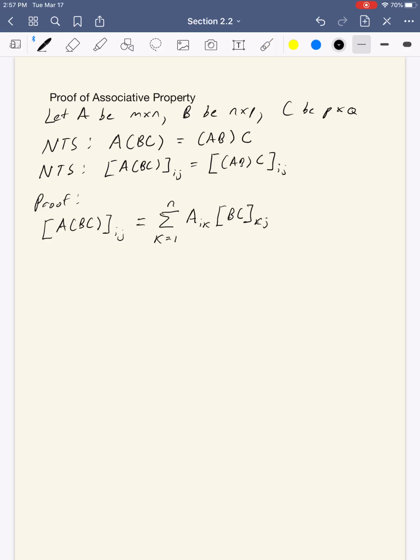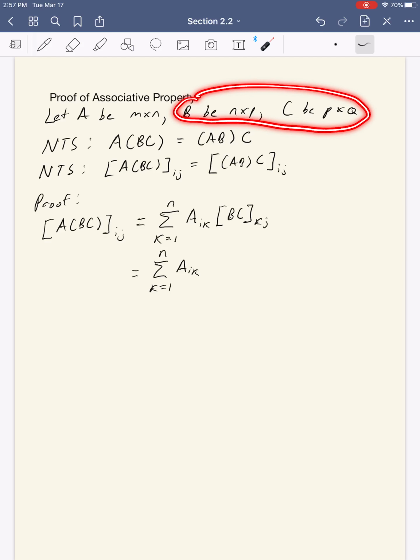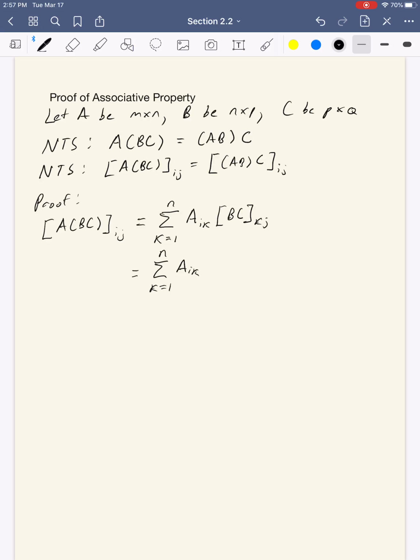But we can break that down even further. So let's use the definition of matrix multiplication again to break down that second component. We'll keep our a_ik here, and we'll try to use the definition here. Now, b times c is going to be about these sizes here. So the shared index is going to be that p. So we can write this as another summation.